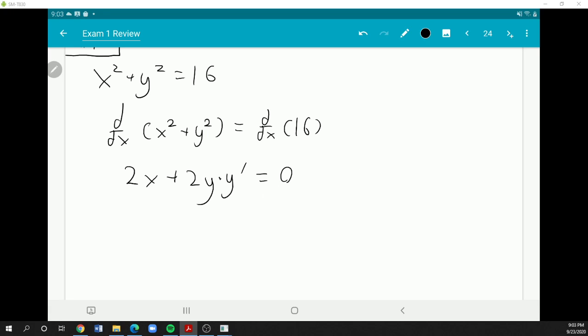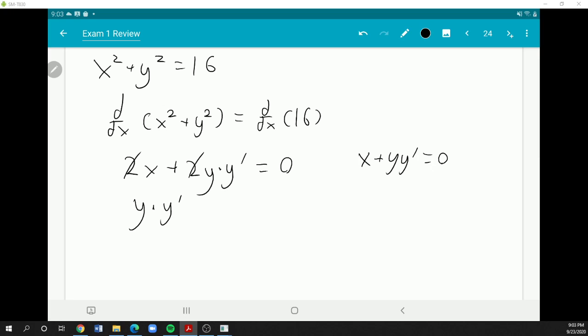So I can divide both sides by 2, and because I have 0 on the right, it's not going to change anything. So x plus y, y prime is 0.